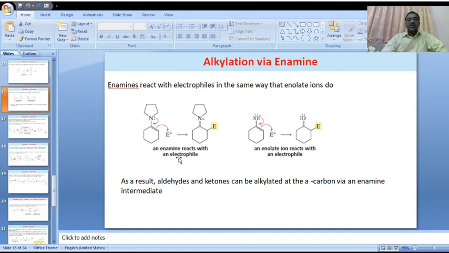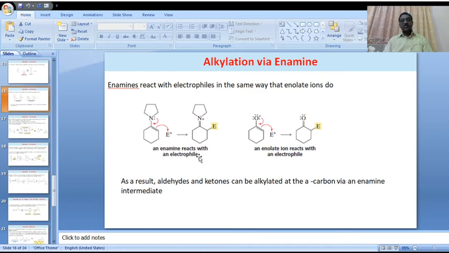Here an enamine reacts with an electrophile. That enamine further reacts with the electrophile, and the enolate ion further reacts with the electrophile. Both processes are equal.